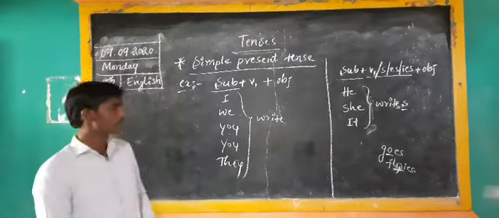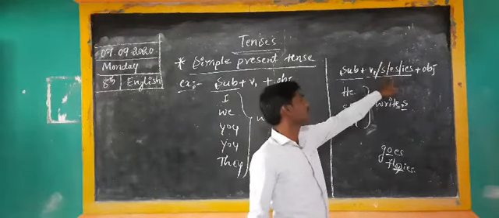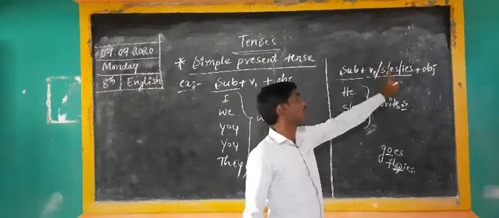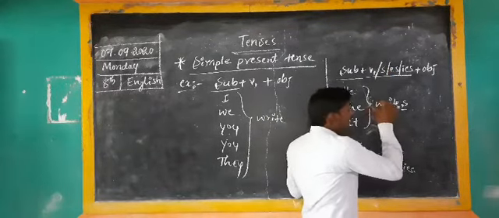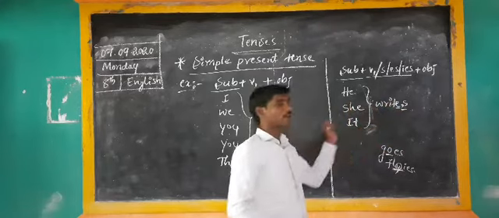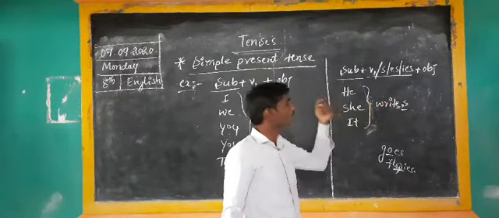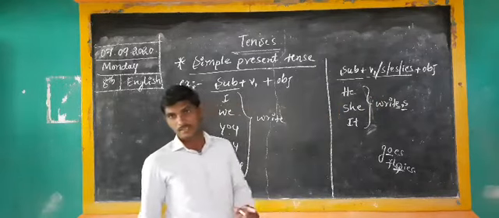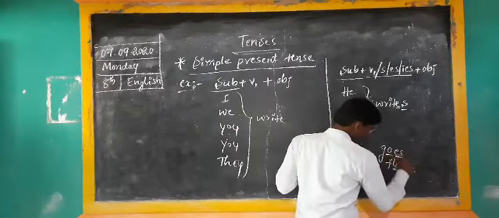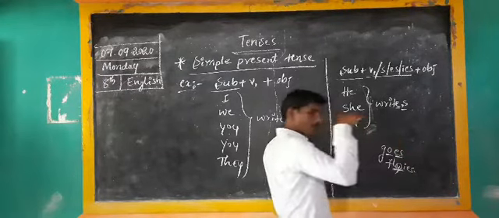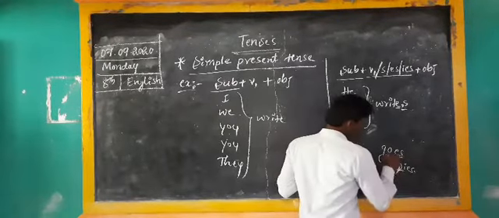Understand? When do we use s, when do we use es, when do we use ies? We should use s only when the main verb ends with e. Then we use es if the main verb ends with the letter o.